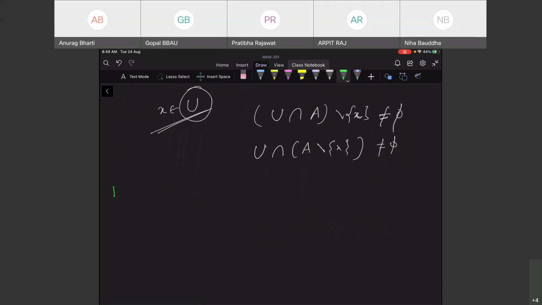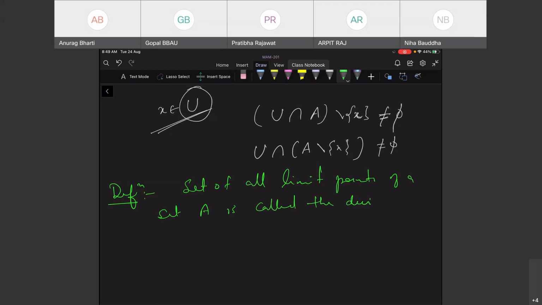Then here is another definition: the set of all limit points of a set A is called the derived set of A, and is denoted by A prime or A dash.